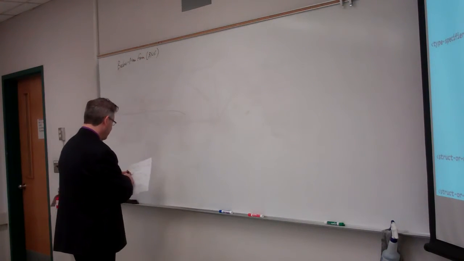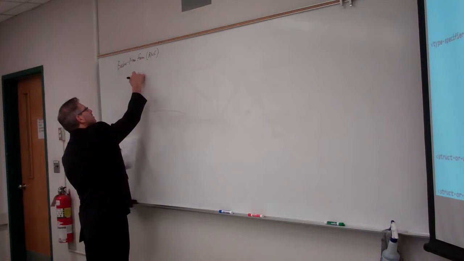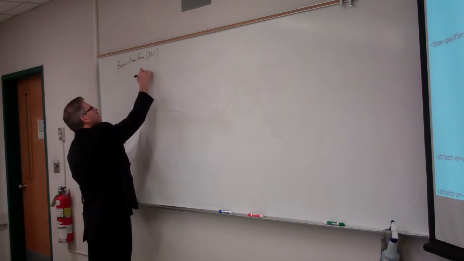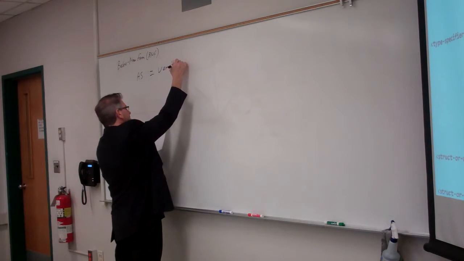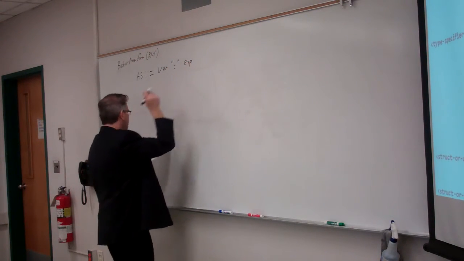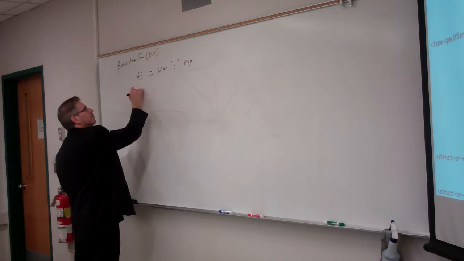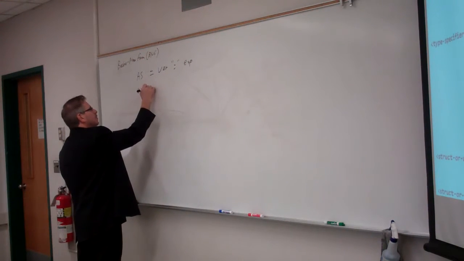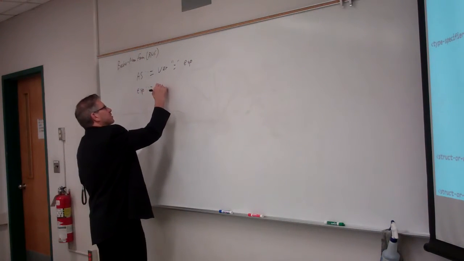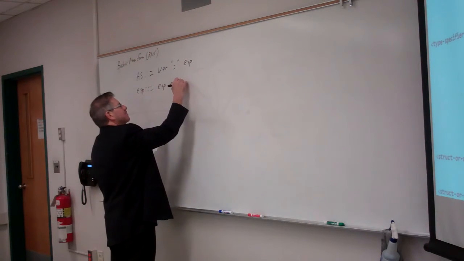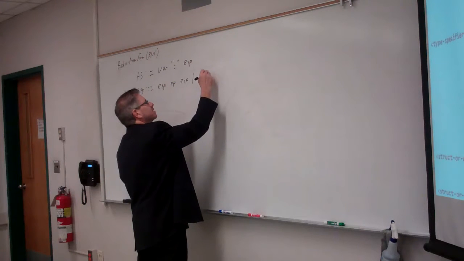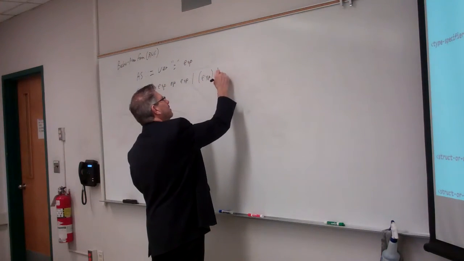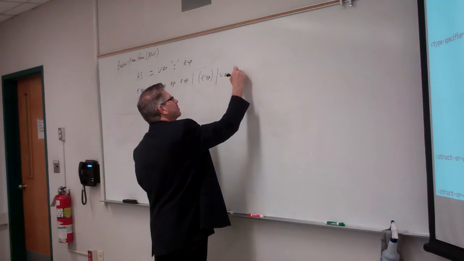So, this is going to be an assignment statement. It's a variable followed by an equal sign followed by an expression. An expression is an expression followed by an operator followed by an expression, or it's a parenthesis followed by an expression followed by a parenthesis, or it's a variable or it's a number.